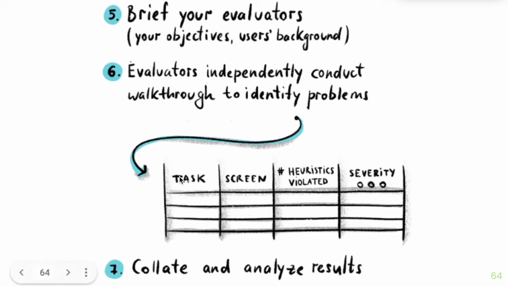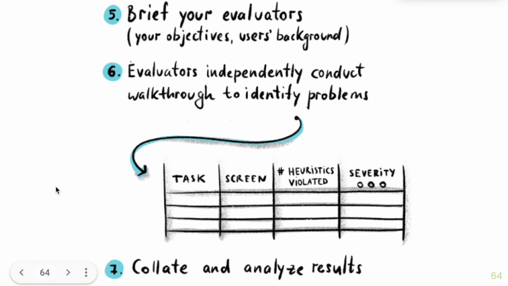So you have to, then the evaluators, you can use a form in order for the evaluators to write on. So here, they have used this form, including the task, the specific task, the screen, the heuristics that are violated, and the severity here on this column.